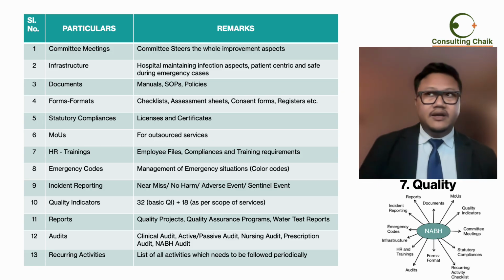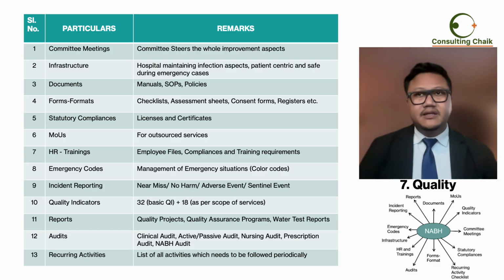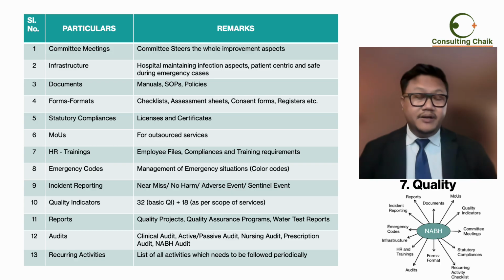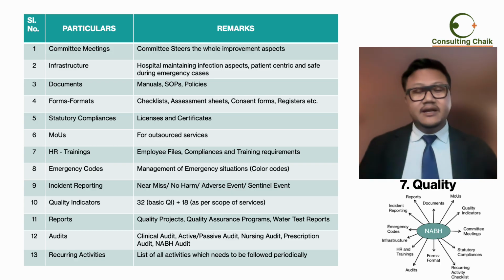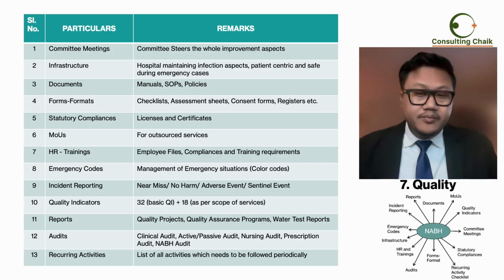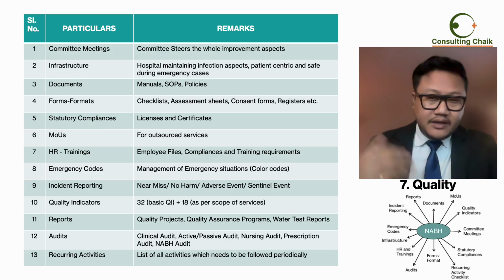The quality team compiles everything and tries to resolve it on their own, and anything where the management's permission or decisions are required, like certain major purchases, those things are compiled by the quality committee and then discussed in the management review meeting, the apex committee.